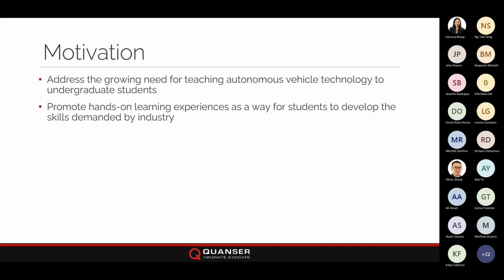They really provide insight in ways that simple textbooks or other things can't provide. And so promoting hands-on learning experiences is a way for students to develop these skills to make them more competitive as they try to eventually launch their careers in the industry.